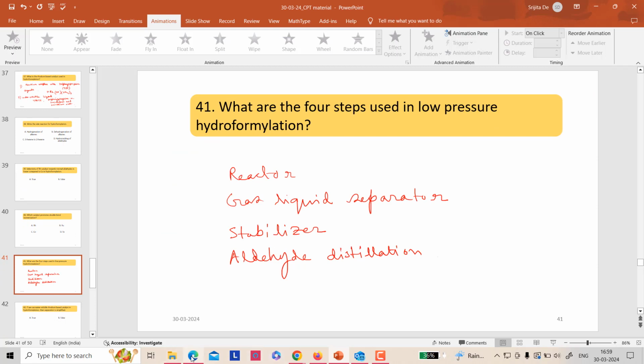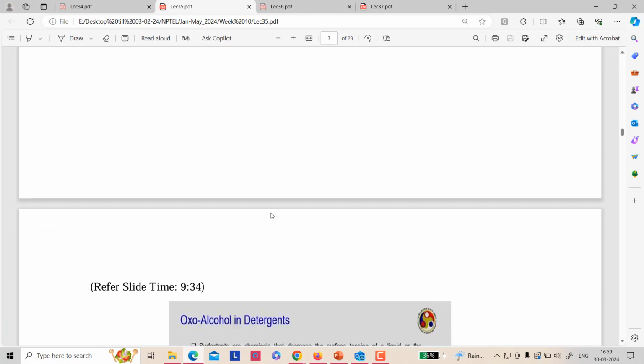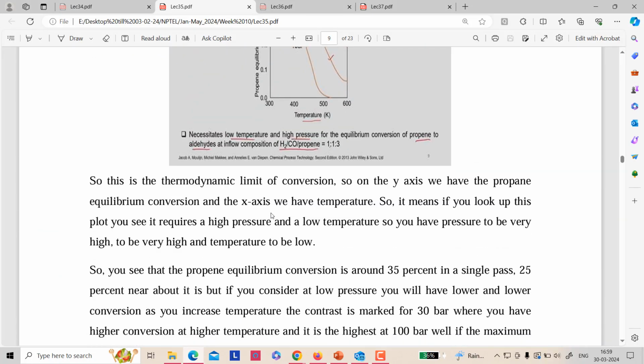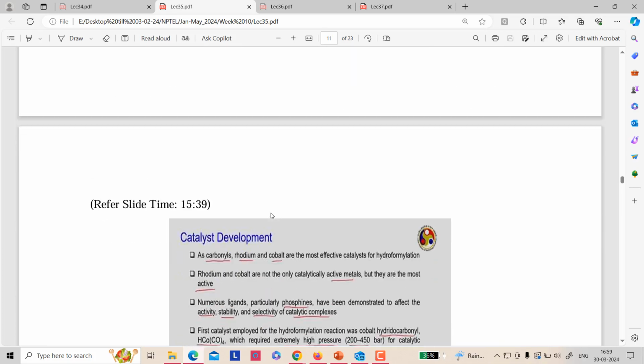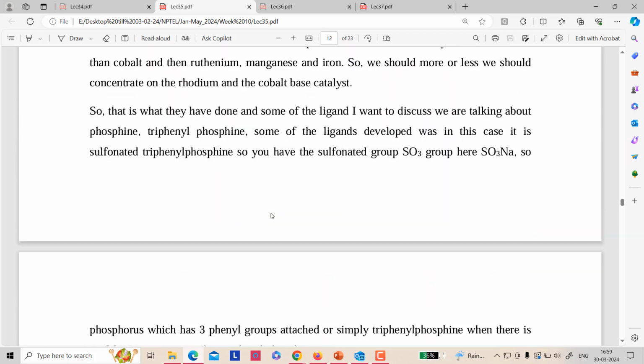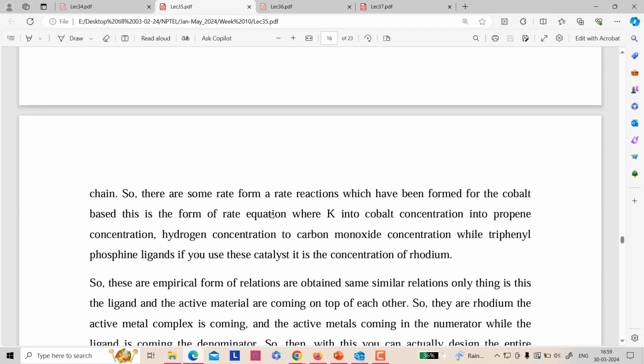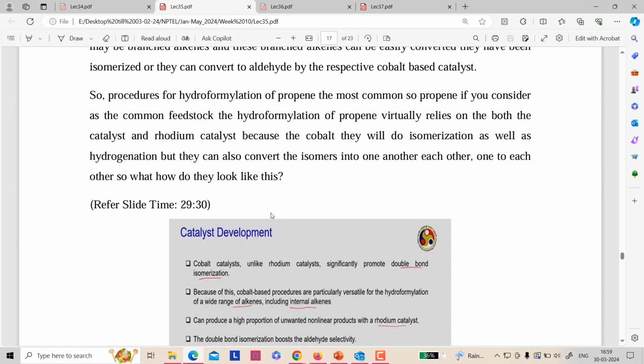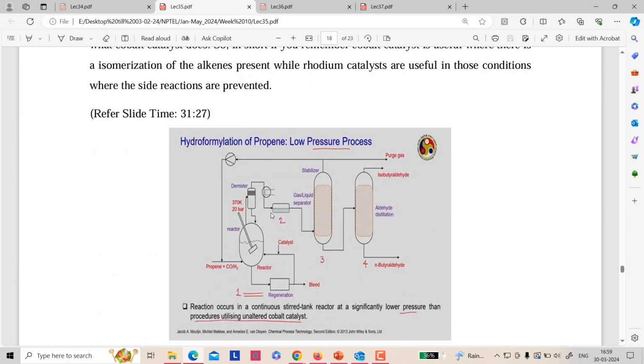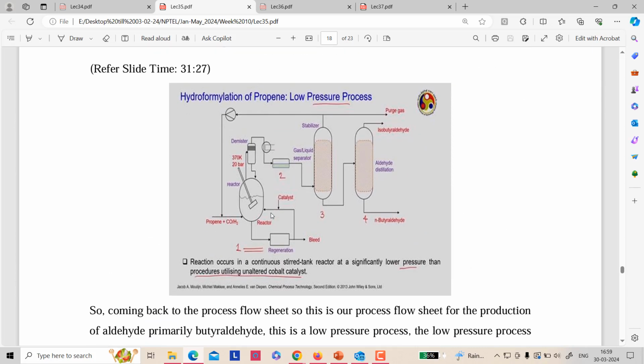So here you can see the diagram flow chart. First one is a stirred tank reactor, which is at significantly low pressure, just 20 bar, and cobalt catalyst is used here.